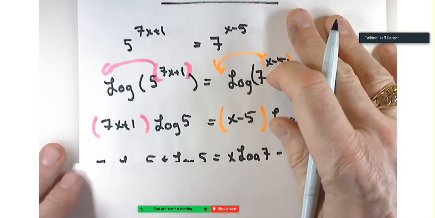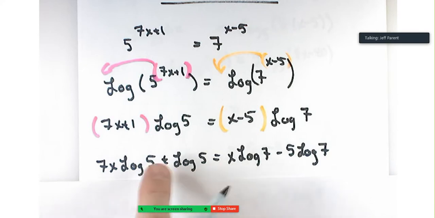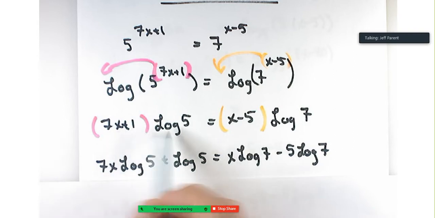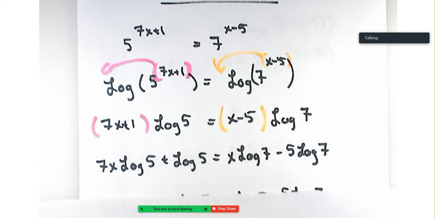Okay, well, unfortunately, I've got x on both sides. So to start getting that cleaned up, I can distribute this log 5 to both terms here and distribute the log 7 to both terms here. That leaves me with x's on both sides and constants on both sides.